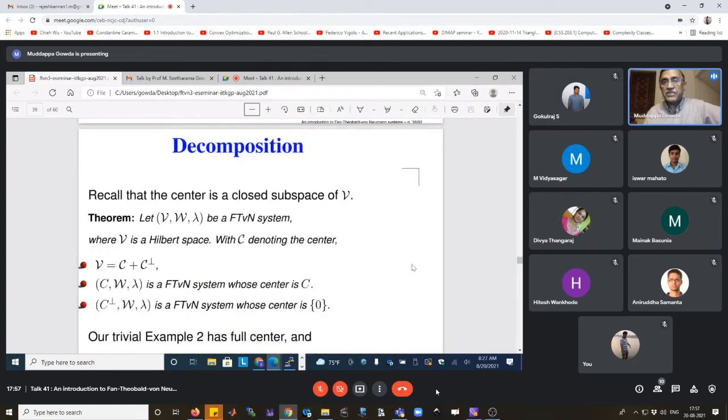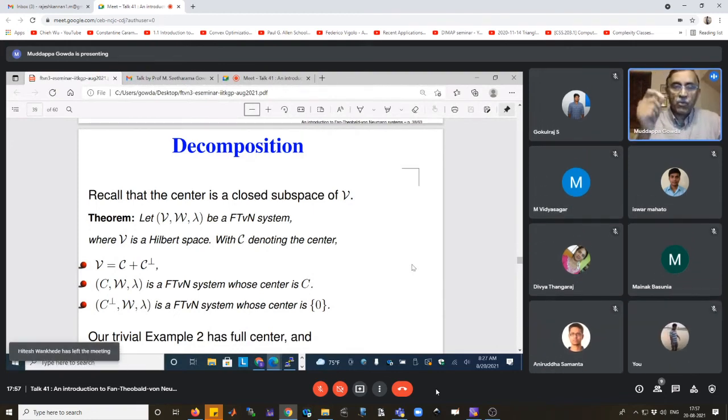There is a related decomposition result, a factorization result. Take any FTVN system, but here I assume that V is a Hilbert space, because I need some separation theorem where I want the linear functional to be of a particular type. That is the reason for using a Hilbert space here. Take an FTVN system where V is a Hilbert space with C denoting the center. I can always decompose V as the direct sum of the center plus its orthogonal complement, C perp.